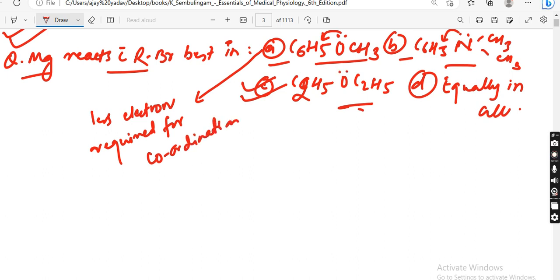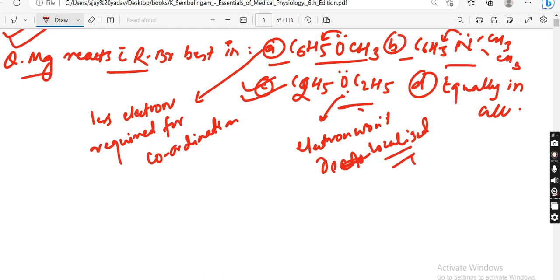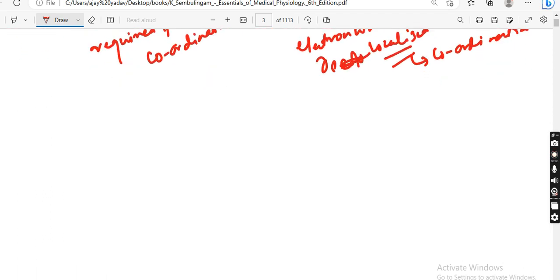But here the electron won't be delocalized over here, and it is available for coordination. So it reacts best in this medium. Are you getting it? There are 5 electrons over here actually. There are 3 bonds, so 2 electrons left.